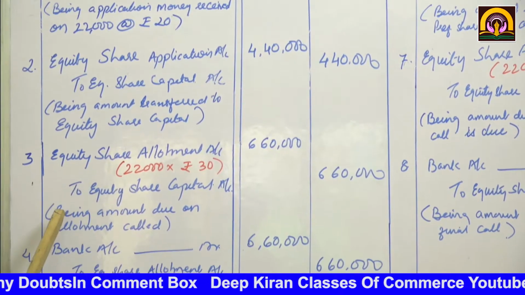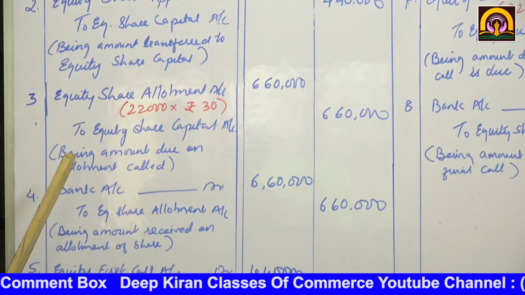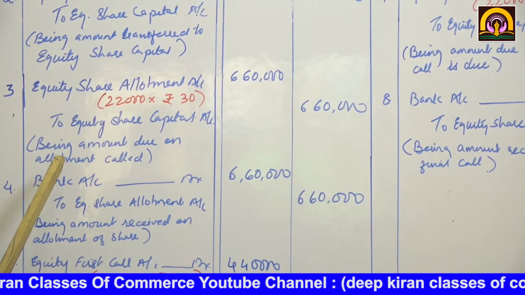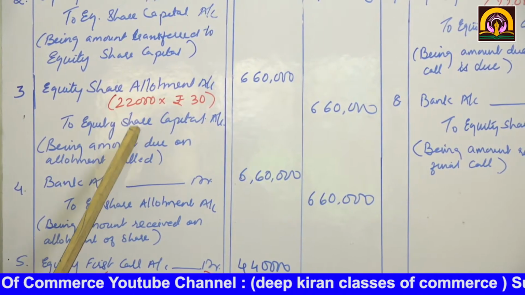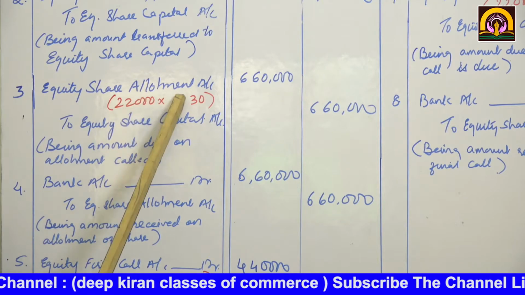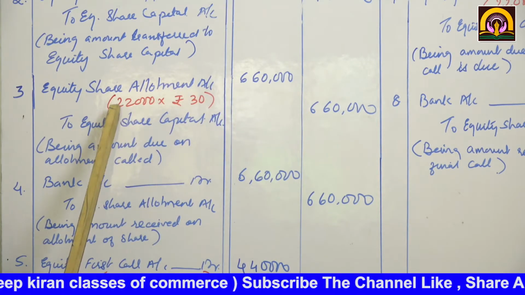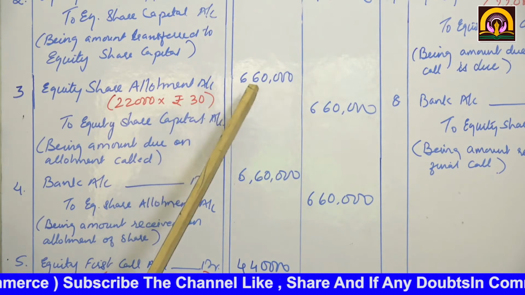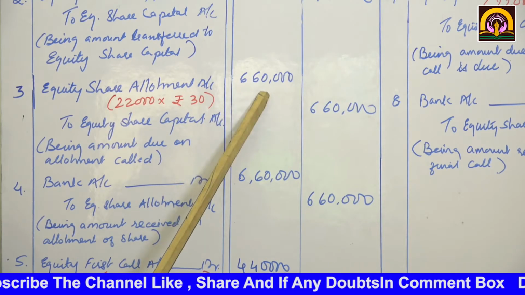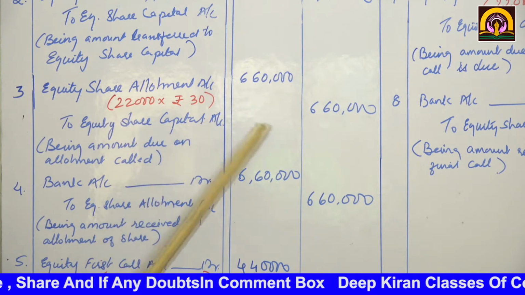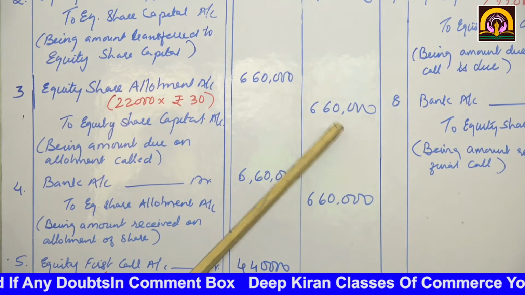Now the second entry, for allotment. We will call the allotment amount due from the subscribers of the shares. So equity share allotment account debit, 22,000 into rupees 30 each, it will come to 6,60,000, to equity share capital 6,60,000.